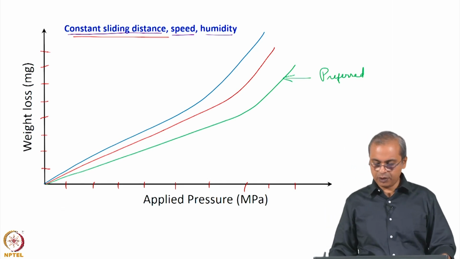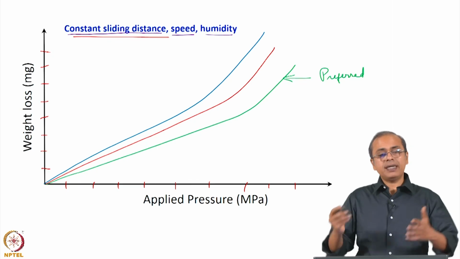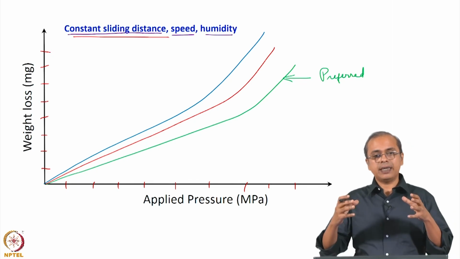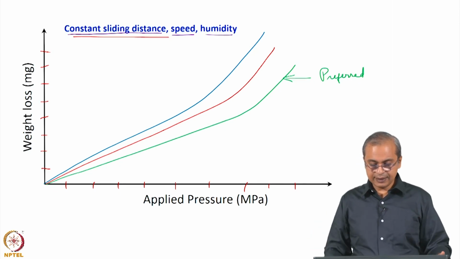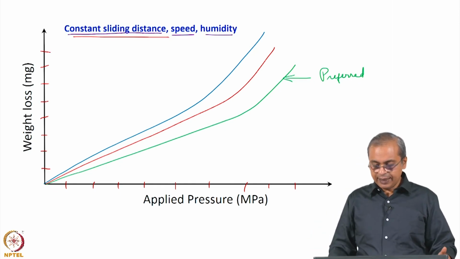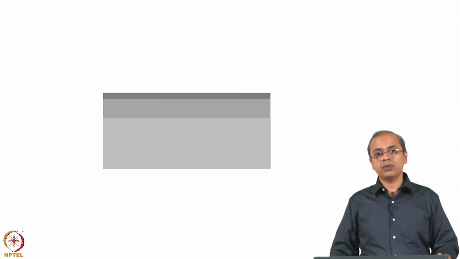So, this is what we are interested in. Now, why should the weight loss be high or low, or why it might end up being the same, these are things that we need to think about, and really to understand that it is important to look at what is happening to that sample.